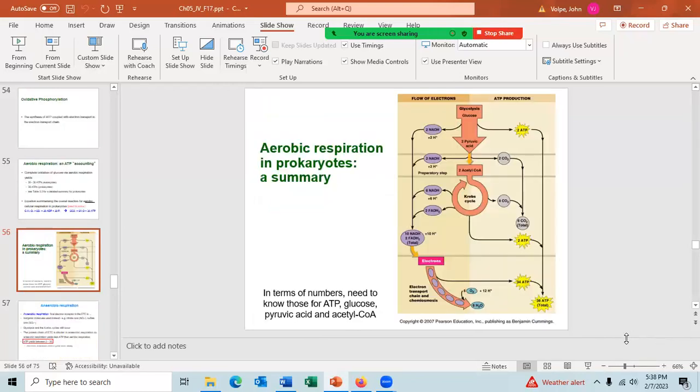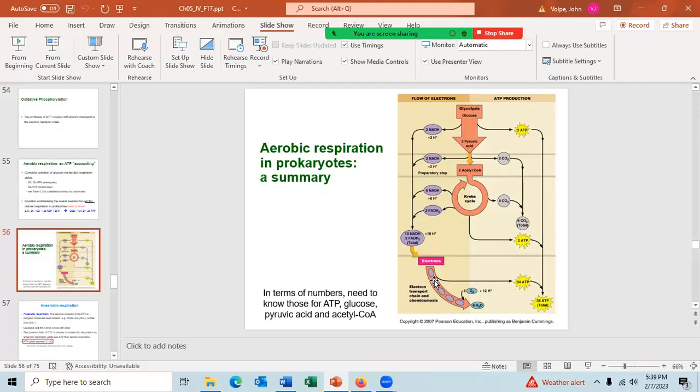So this is showing you aerobic respiration. In summary, all the different steps. We generate 2 ATP in glycolysis, and 2 are made in the Krebs cycle. And then 34 to 36 in the electron transport chain. Did I get that right?